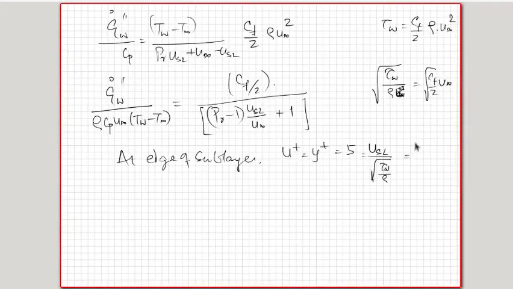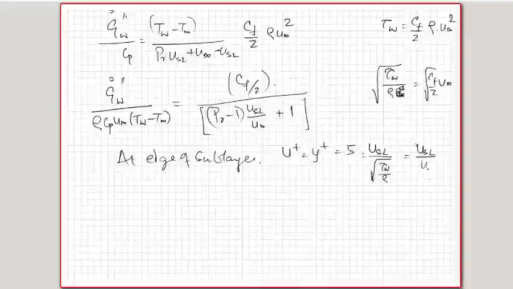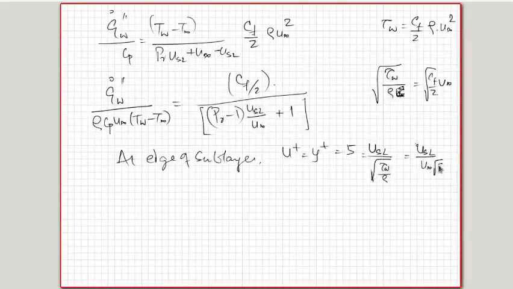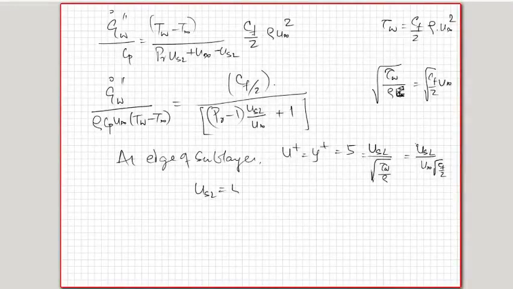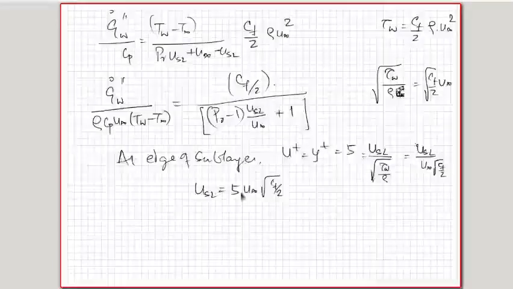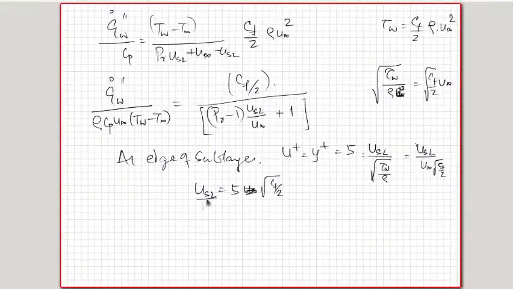So this will be u_SL by u infinity over square root of Cf by 2. Therefore u_SL is equal to 5 times u infinity into square root of Cf by 2. So u_SL by u infinity can be written as 5 times square root of Cf by 2, so that I can substitute here.